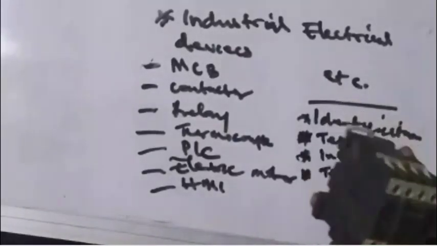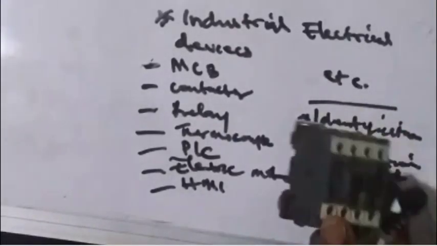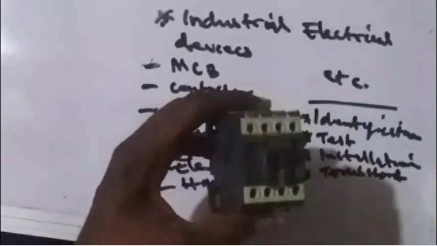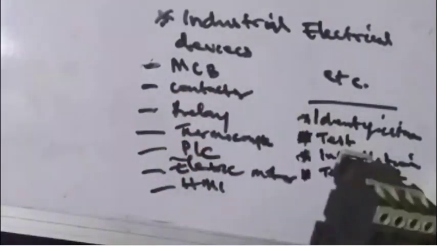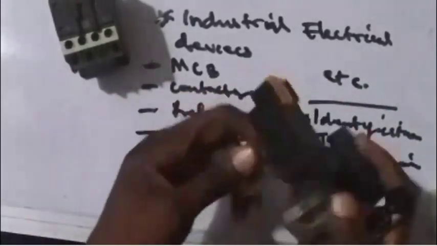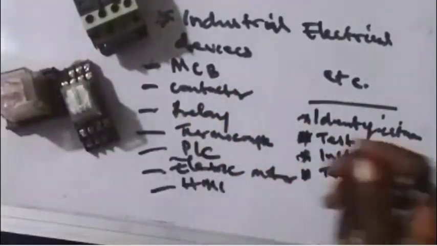This is a contactor. We have different types. This is a relay with a base. Another example of a relay with a base.